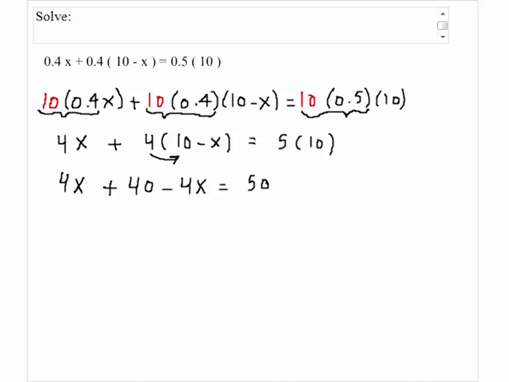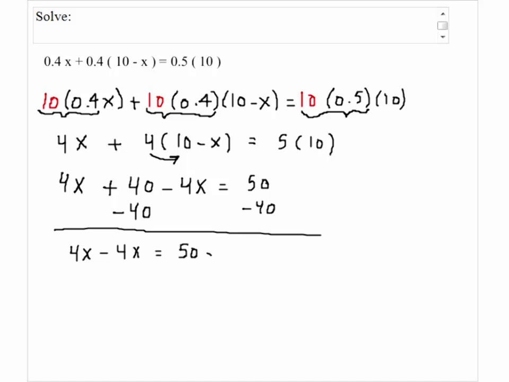So far we have 4x plus 40 minus 4x is equal to 50. So if I subtract 40, we have 4x minus 4x is equal to 50 minus 40.